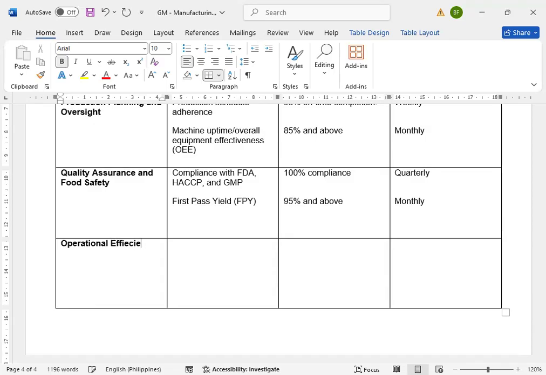It would mean the operational efficiency of the workers, the employees, the operators, the technicians, okay, and the efficiency of the machine. Okay, that's why efficiency and process improvement.